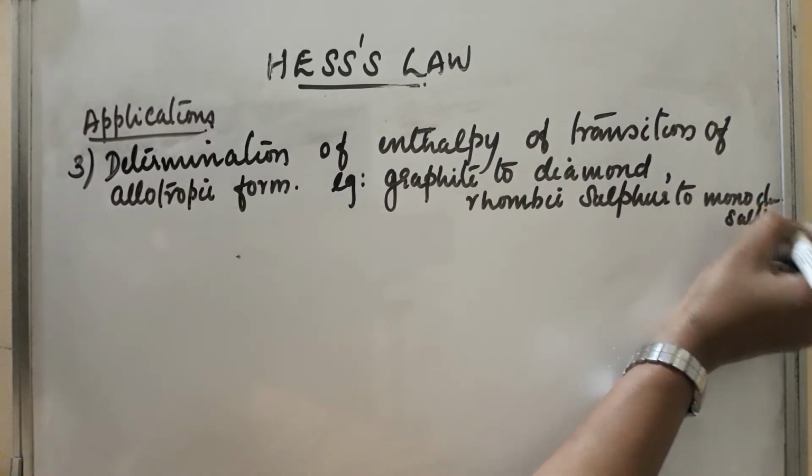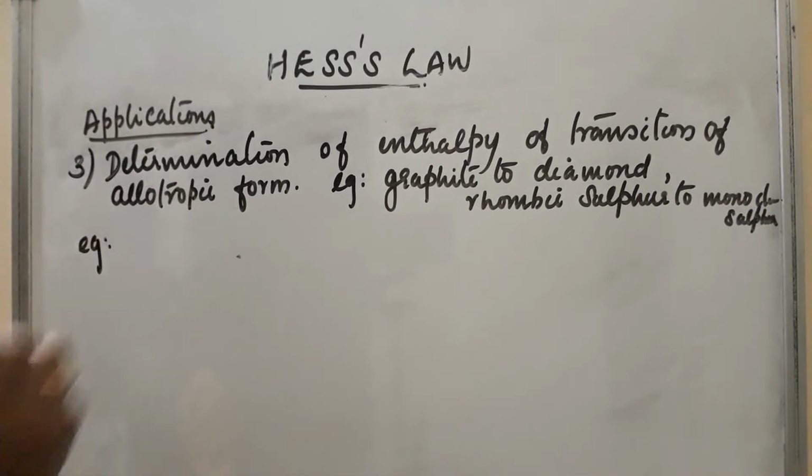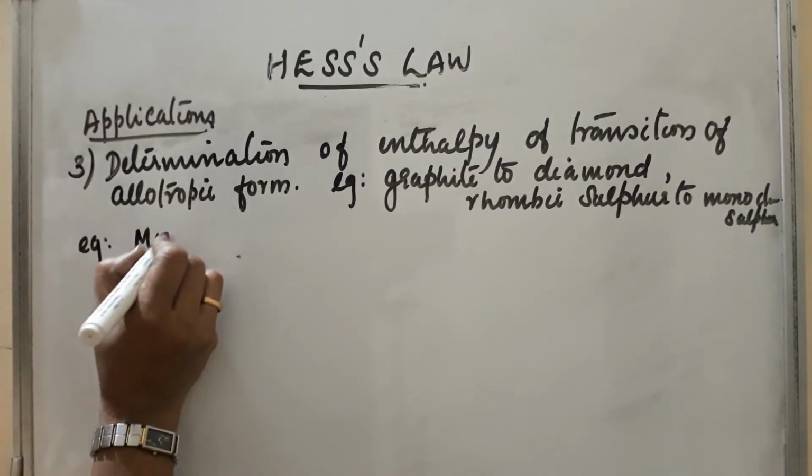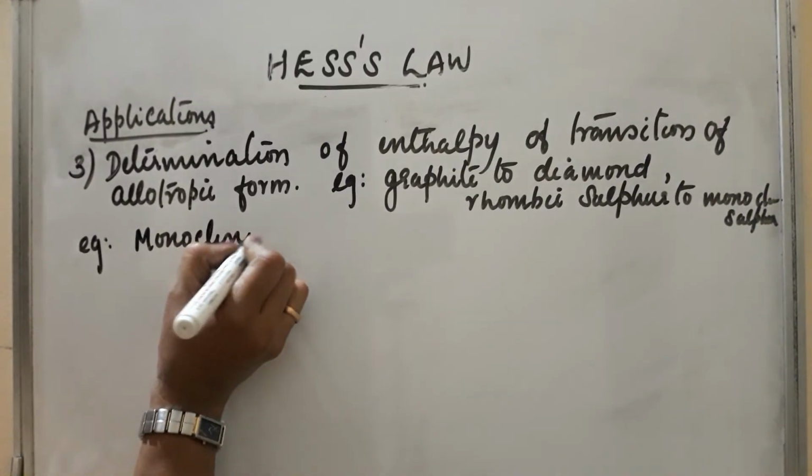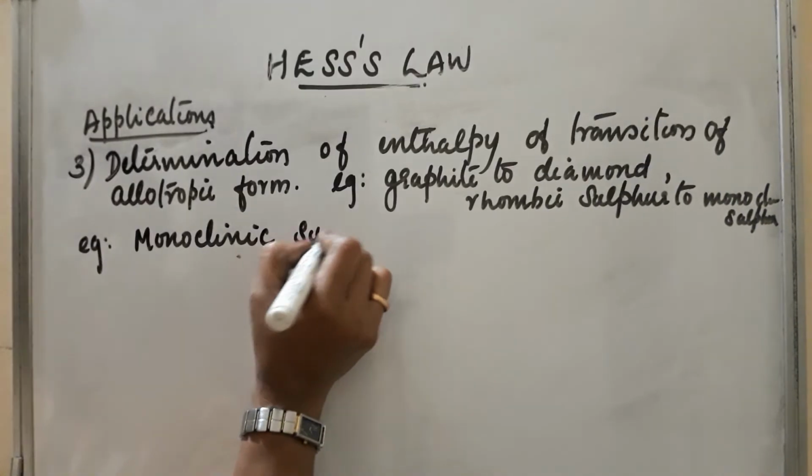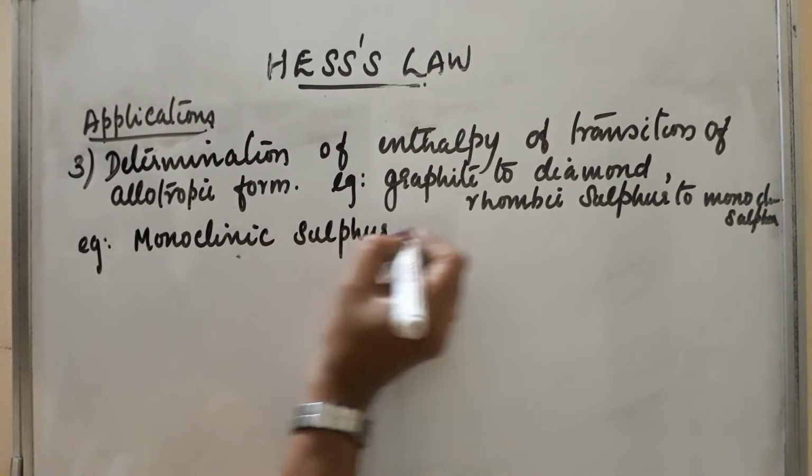Let us take an example. Calculate the enthalpy change for the allotropic transformation from monoclinic sulfur to rhombic sulfur.